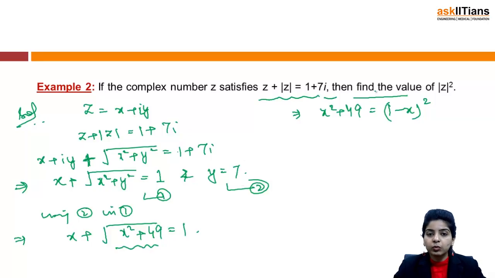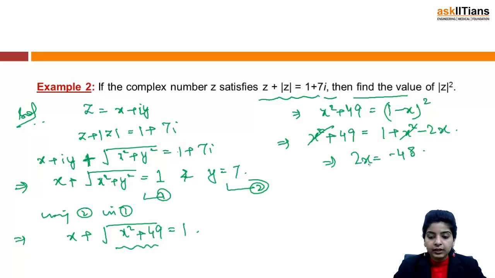Then I'm squaring both sides and I get this equation. So this gives me x square plus 49 equals a square plus b square minus 2ab. So x square gets cancelled, and therefore I take 2x on this side. So I get 2x is minus of 48. That gives me x is minus 24.